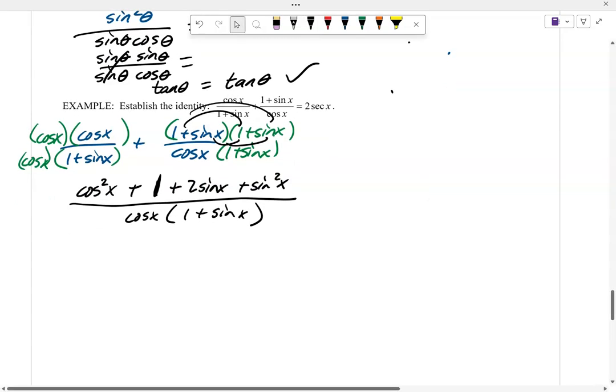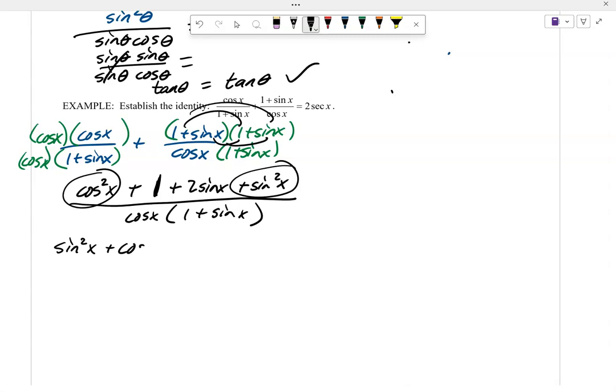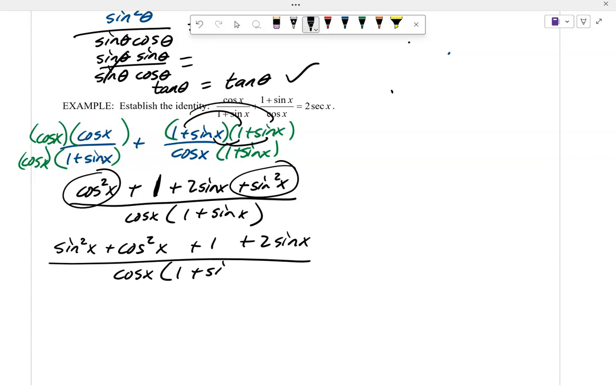Okay, and let me write it this way. Let me write the sine squared next to the cosine squared, because I know that's the money formula. And then plus 1, and then plus the 2 sine. Again, remember, this is 1, right? Sine squared plus cosine squared is 1.